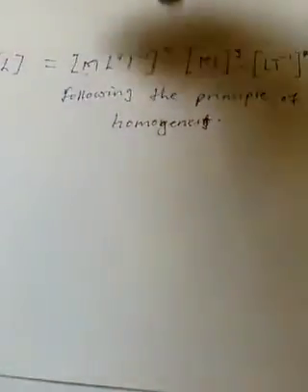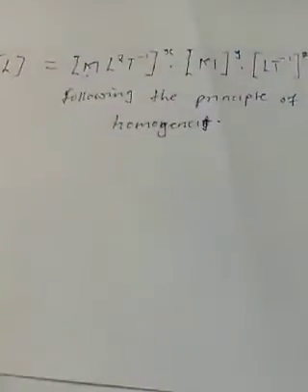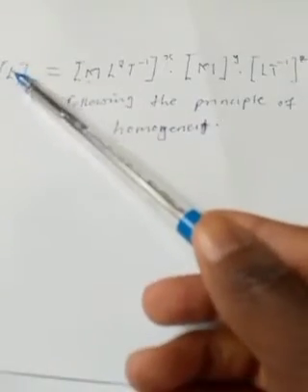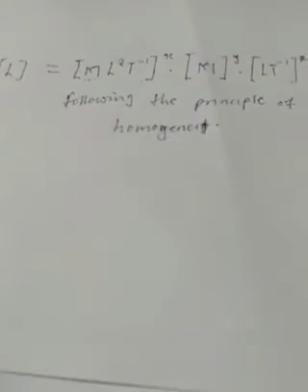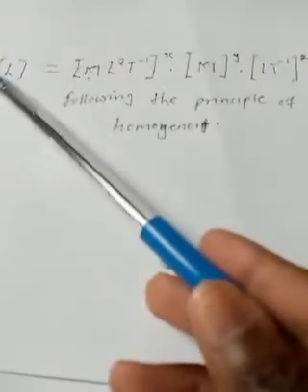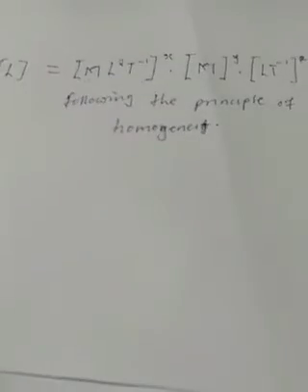Whenever you raise this m to power 0, it will be 1. Then 1 multiplied by this, you're going to get the same quantity. Same applies to t. We have t on my right hand side, but since I don't have t on my left hand side, what am I supposed to do? I have to make sure that I also introduce t and raise it to power 0.